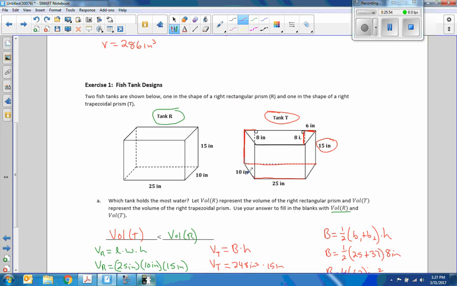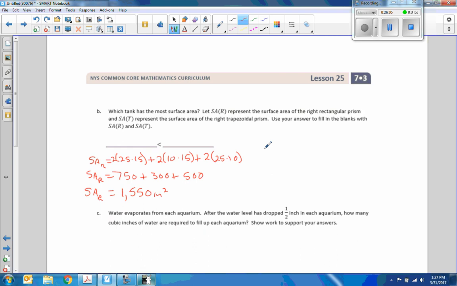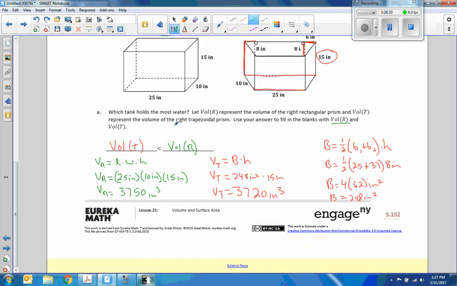Now the trapezoid is going to start with the bottom, and it is 25 plus 12, which was 37 by 15. Surface area of the T equals, this is the bottom, which was 37 times 15, I think I said, plus, so I did 37 by 15, that's correct.